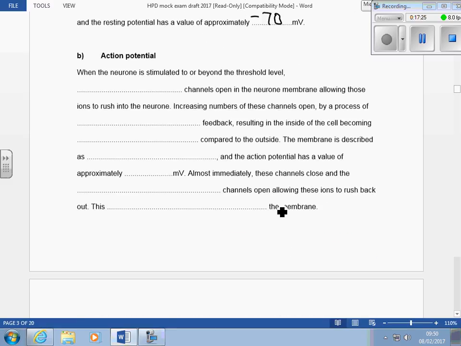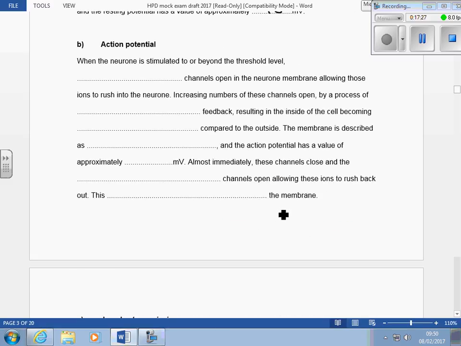Then, in order to actually make use of a neuron, we need an impulse, and the impulse consists of the action potential moving along the neuron. And so it has to start with a stimulus to or beyond the threshold level. That's something that we don't look into in detail. You can, but it's not part of what I do. But when we have that stimulus, which channels open?